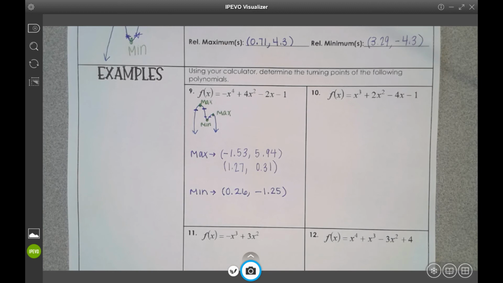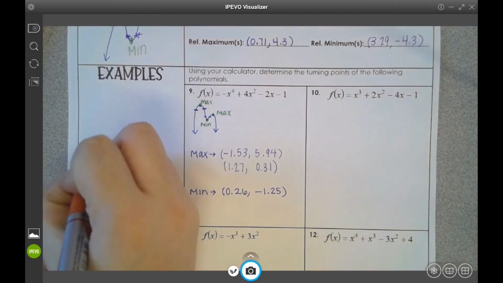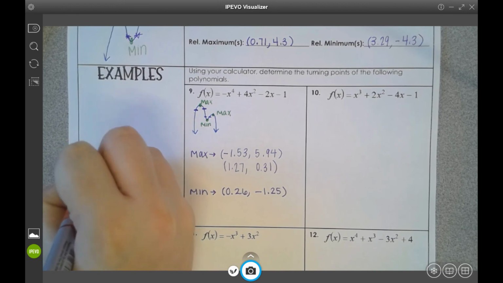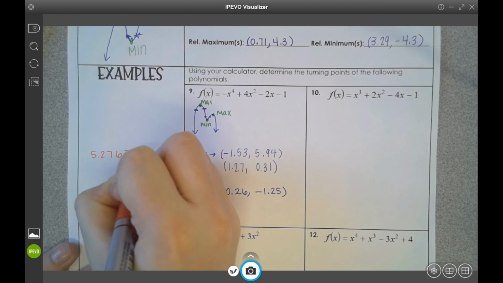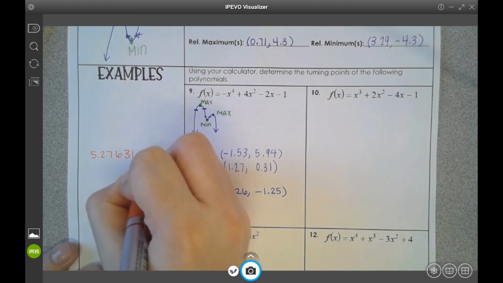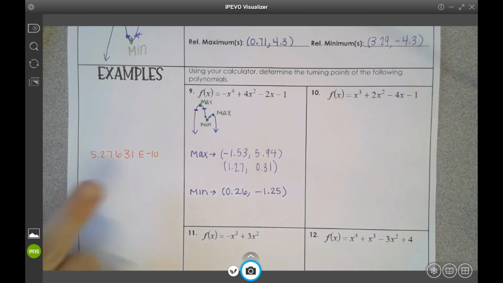Some things that you may see. You may see something that looks like this: 5.27631 e to the negative 10th power. For whatever reason, it won't just tell you 0.